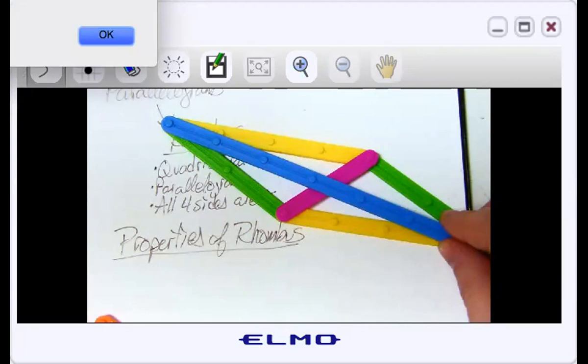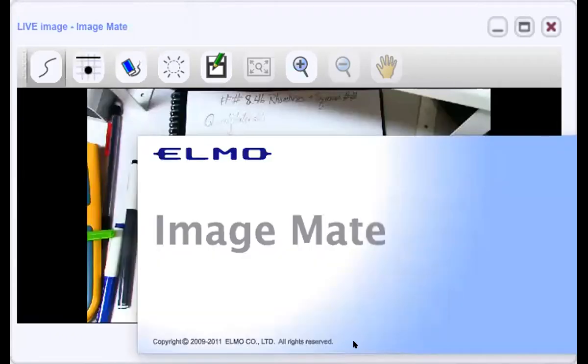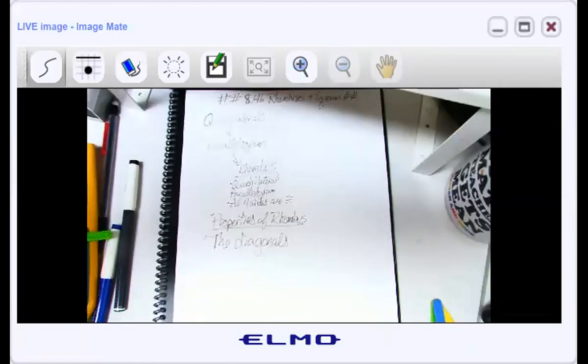So that's a big star that we need. Okay, I restarted the camera. Oh, there we go.